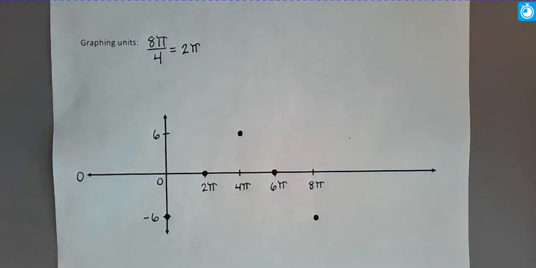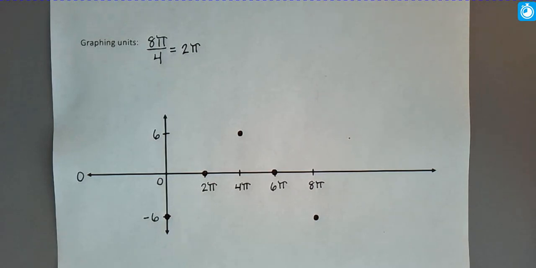Now, 3 of these points are points that will actually be on the graph of the secant, and 2 of the points are points that will not. So remember, wherever cosine is 0, if you were to attempt to take its reciprocal, in other words, find the secant, you take the reciprocal of 0 and it's undefined.